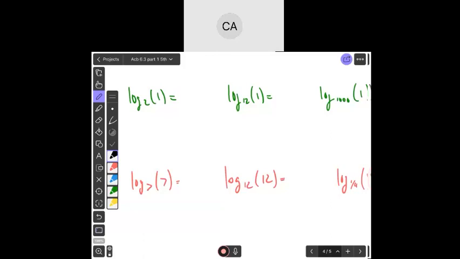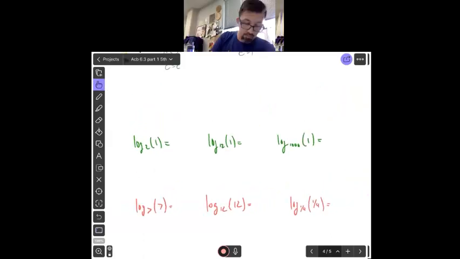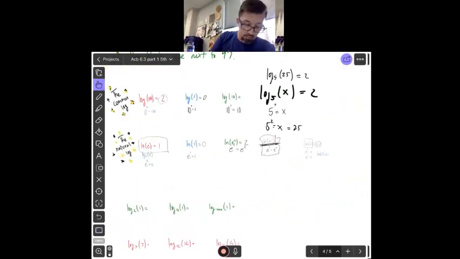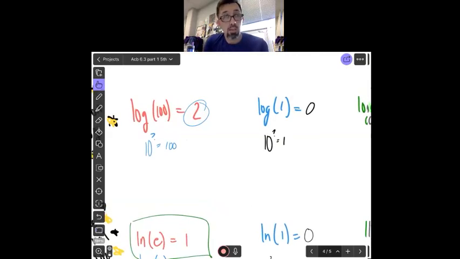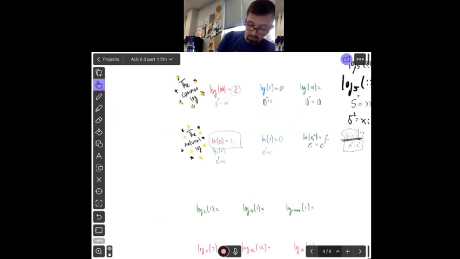Log of 100 meant 10 to the what is 100. Log of 1 meant 10 to the what is 1. What does log base 2 of 1 mean, Cole?